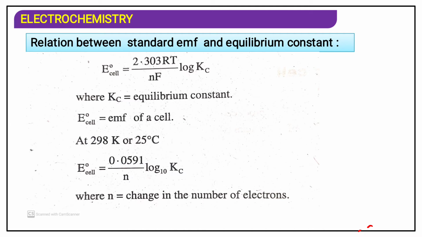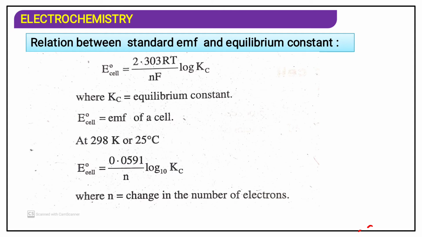In this expression, Kc is the equilibrium constant, E naught cell is the standard EMF of the cell, R is the gas constant, T is the standard temperature, equal to 298 Kelvin or 25 degrees centigrade, and F is the Faraday value.